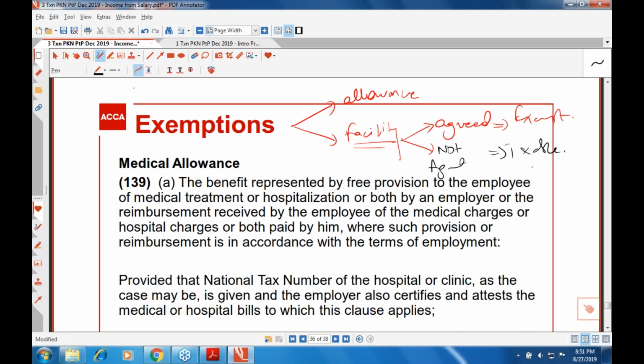If such a hospitalization policy was already agreed at the time of employment, then it is going to be exempt. But if it was not agreed and it was given to you in addition or just like that, then it is going to be taxable.